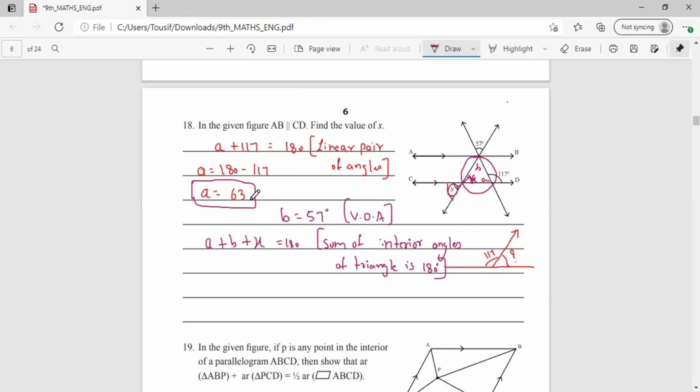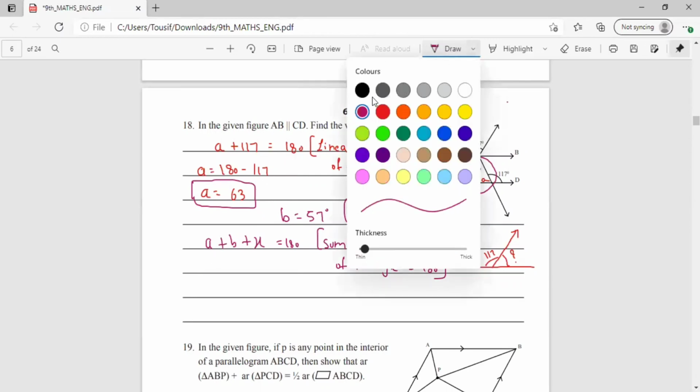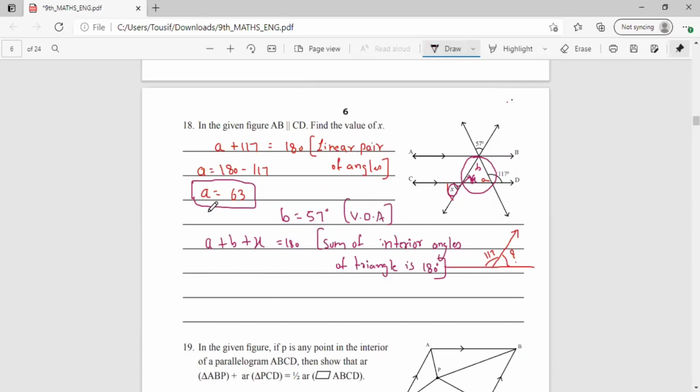So let us substitute the values. The A value, as we got it, is 63, B value is 57, plus X, which is what we need to find out, is equal to 180. 63 plus 57, we get the value as 120. 120 plus X is equal to 180.